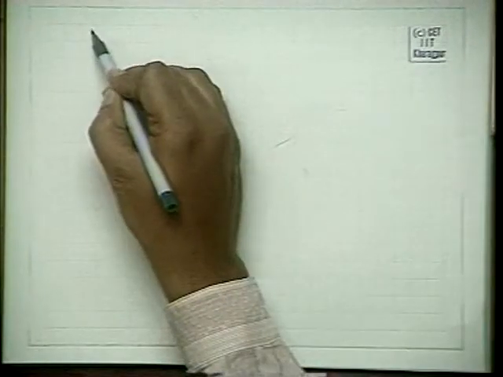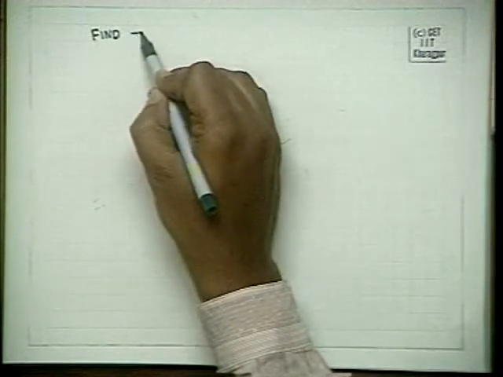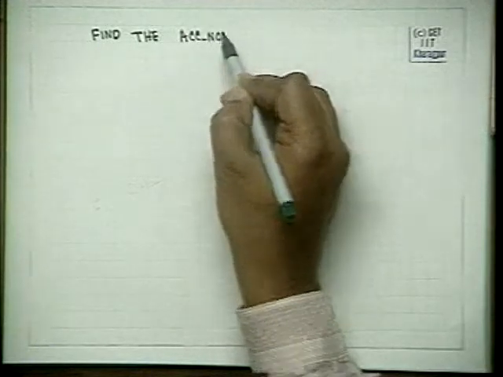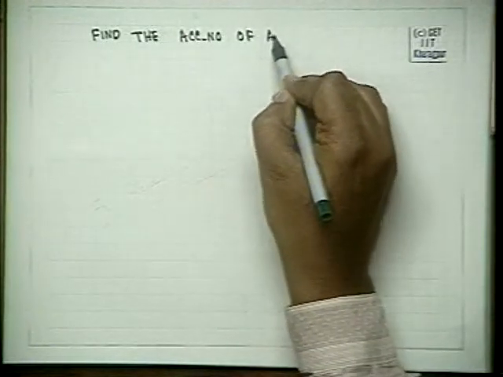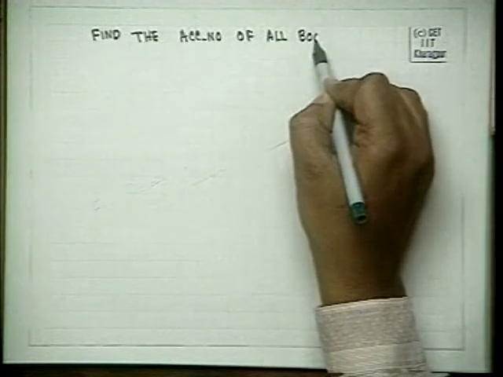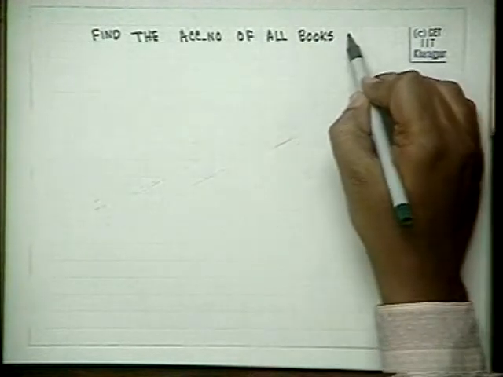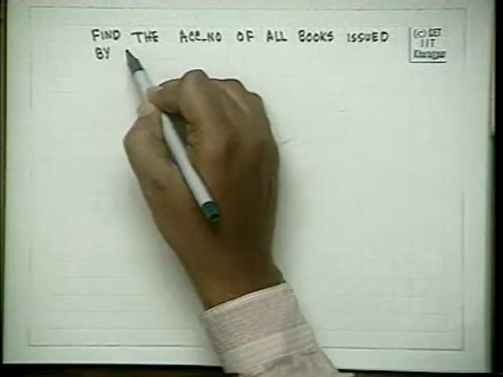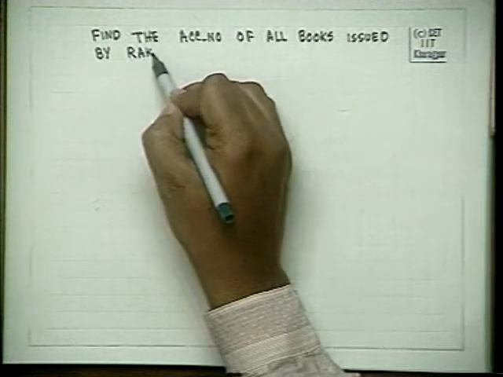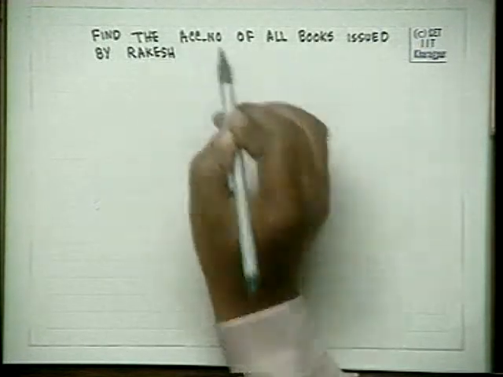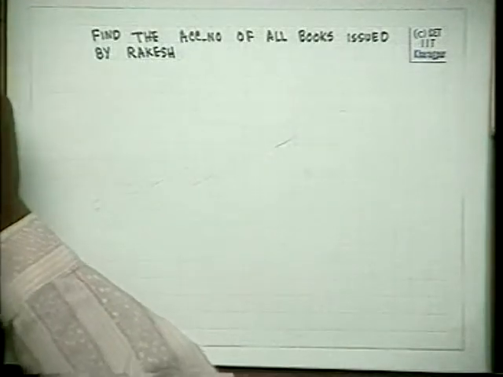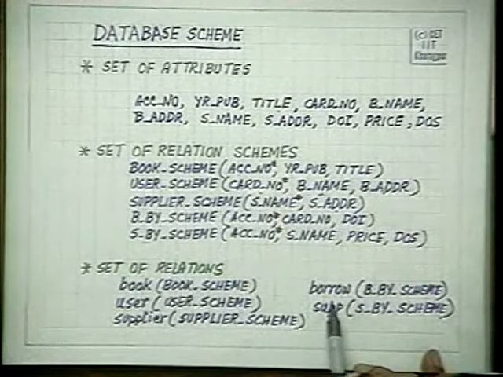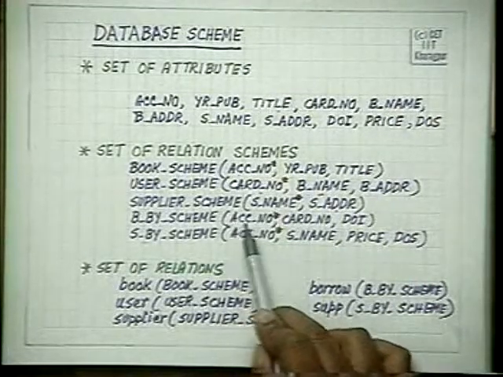The query is: find the accession numbers of all books issued by Rakesh. In the borrow relation, we will not get Rakesh's name.